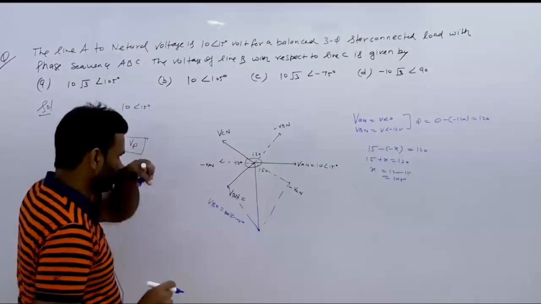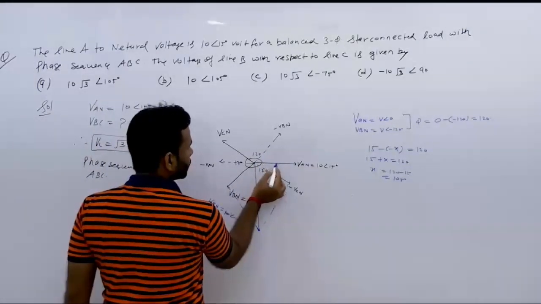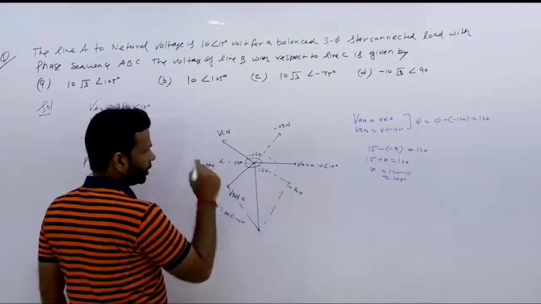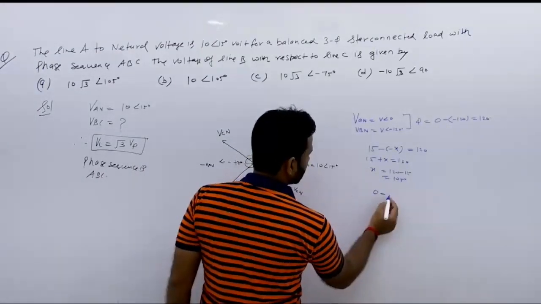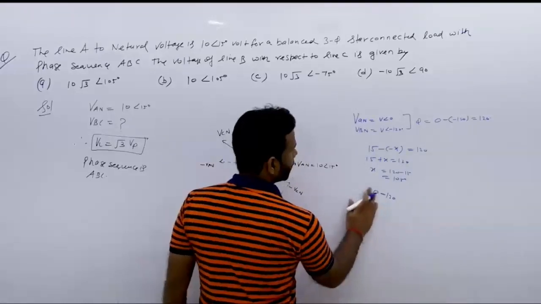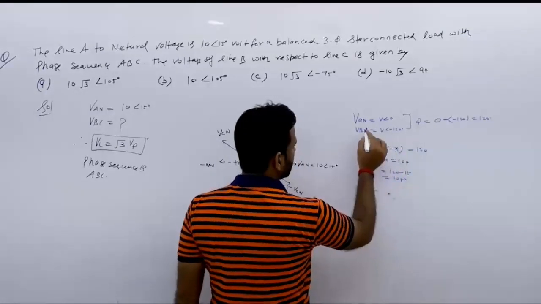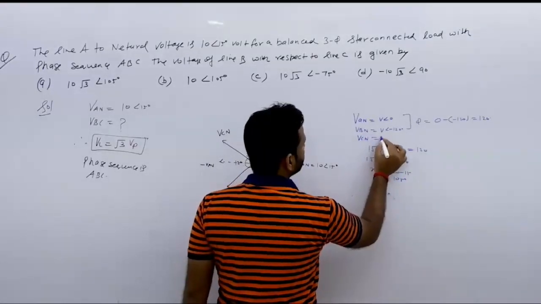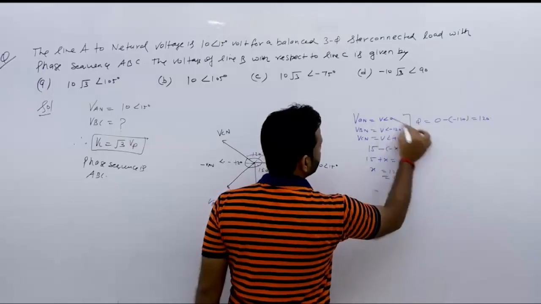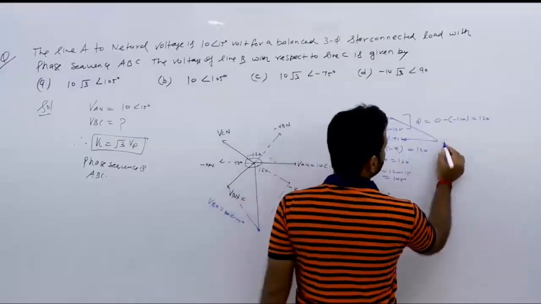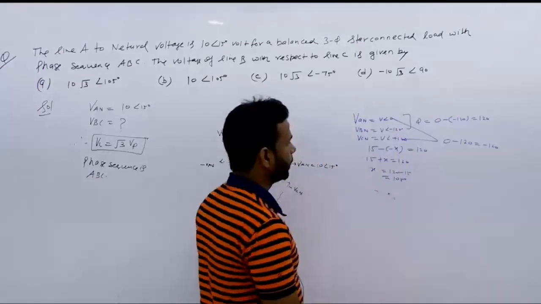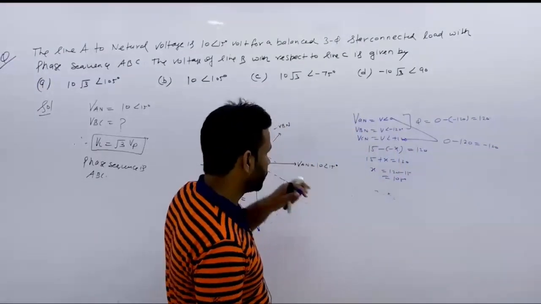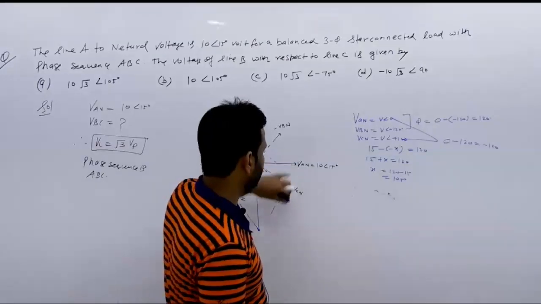Okay, similarly if you see the difference of these two, 15 is 0 minus 120. Okay, if you have VAN and VCN is equal to V angle plus 120 degree. Now if you will take these two, then it is 0 minus 120, so it is minus 120. Okay, so just create 120 degree.